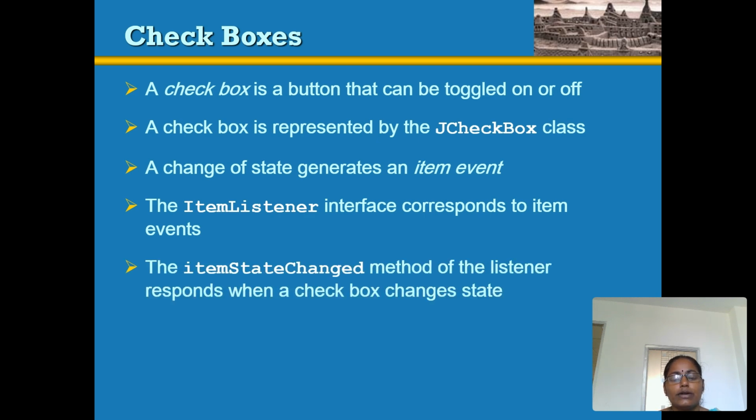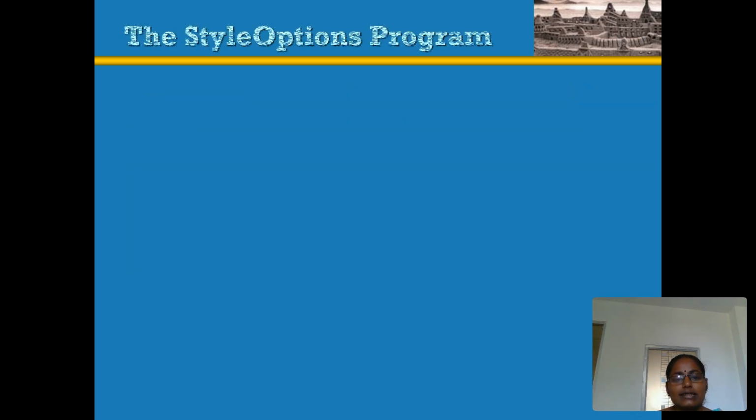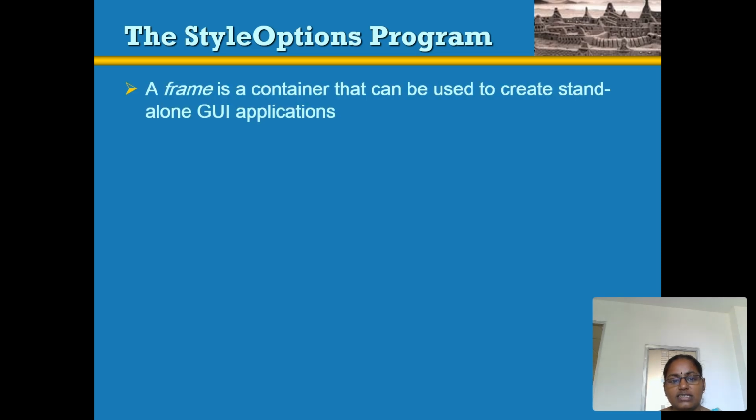ItemListener is one kind of interface used with checkboxes, radio buttons, lists, menus, and so on. An item state change means the state of a particular item changes, for example a checkbox or radio button being either selected or unselected.